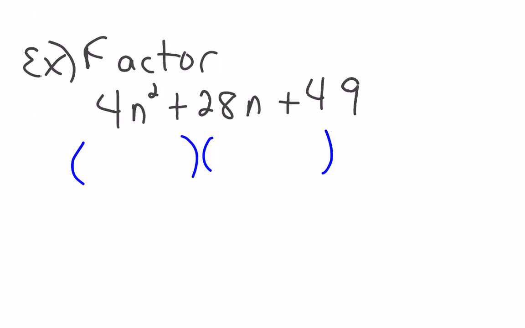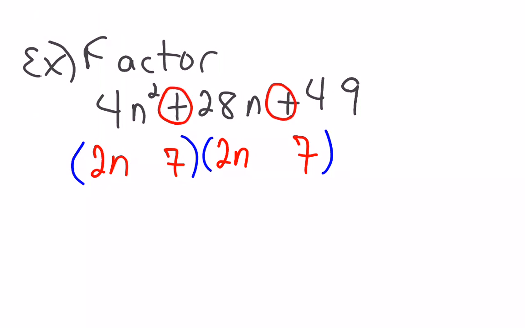So let's take a look. We have 4n squared, which is 2n times 2n, and 7 times 7. Now notice these are pluses, so we are going to keep those additions. And then let's see if we're correct. So notice it's the same binomial twice. 2n plus 7 times 2n plus 7.